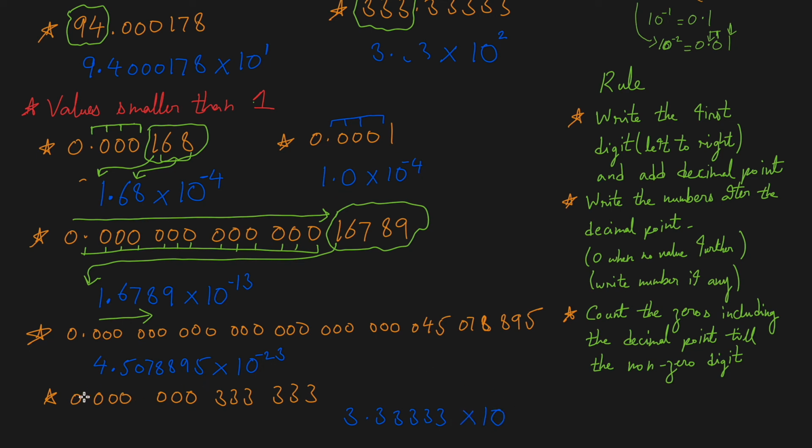Now we will check how many zeros are there including the decimal point. 1 2 3 4 5 6 7. 7, negative sign, meaning value smaller than 1. So this is it.